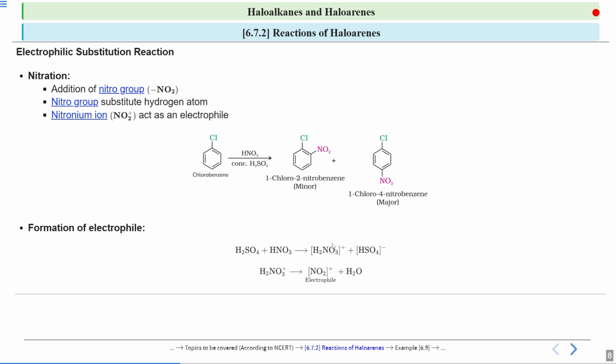The cation you are getting, that is H2NO3 positive, dissociates again into NO2 positive plus a water molecule, and you will get your unstable electrophile that is going to attack on the higher electron density positions of the benzene ring and form the major and the minor products. So this is how nitration happens in haloarenes, where the nitro group substitutes the hydrogen atom and forms the bond with the benzene ring, and here the electrophile is the nitronium ion, that is NO2 positive.